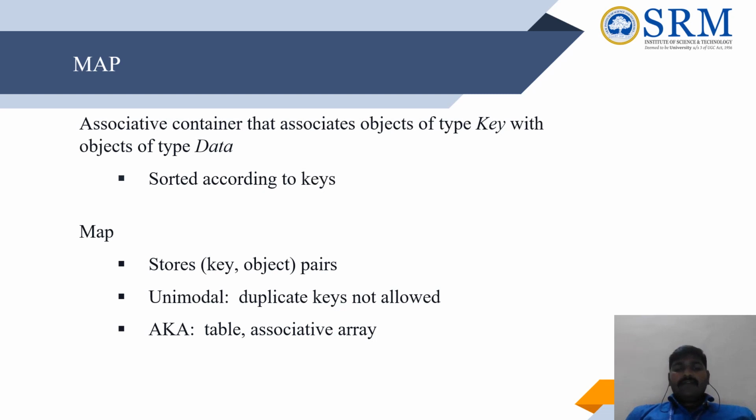If we have a key, then we can get the object. So the key is important here. It's unimodal, so no duplicate keys can be provided because we provide unique keys for each value. And this is table based and an associative array, as I've told you.